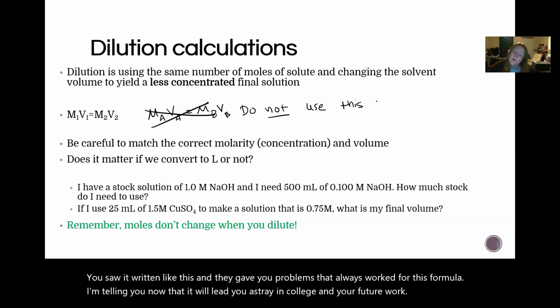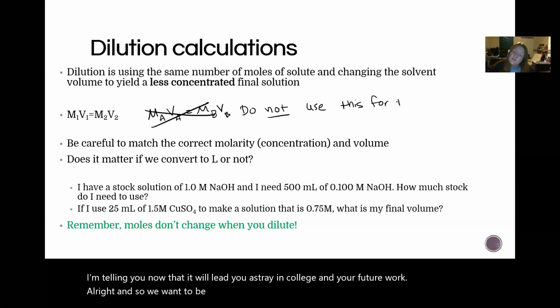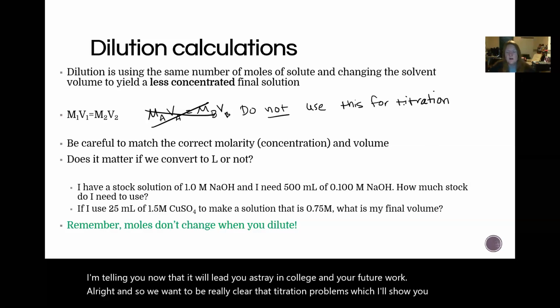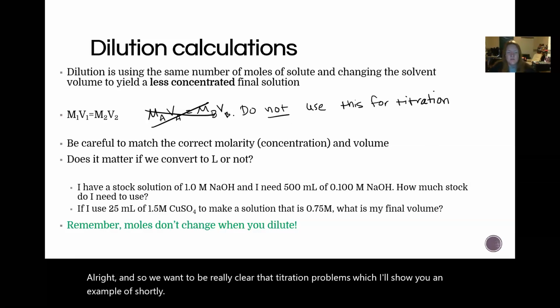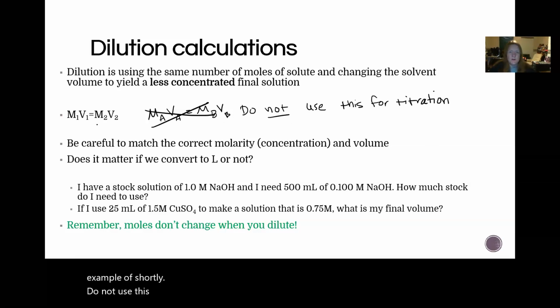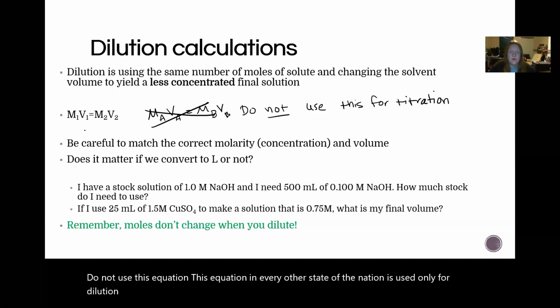We want to be really clear that titration problems, which I'll show you an example of shortly, do not use this equation. This equation in every other state of the nation is used only for dilution calculations. So only when you're not reacting things. That's the big difference. You're just diluting it.